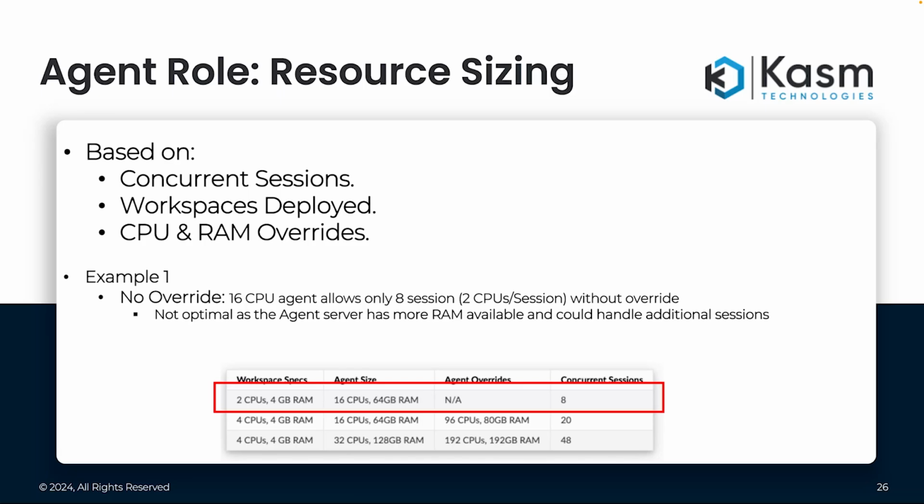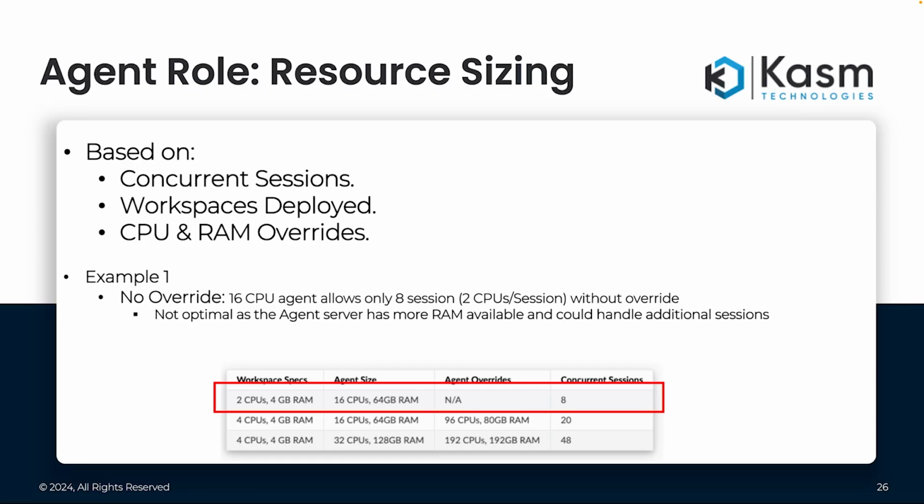So resource sizing is, once again, completely dependent on concurrent sessions, the workspaces you're looking to deploy, and how you configure CPU and RAM overrides. So we're going to take a second to walk through some scenarios here. Example 1 is no override. In this case, our agent server, our host VM, has 16 CPUs and 64 gigs of RAM.